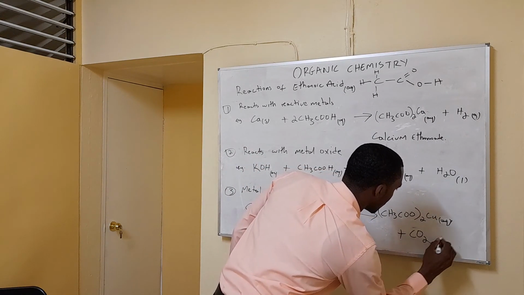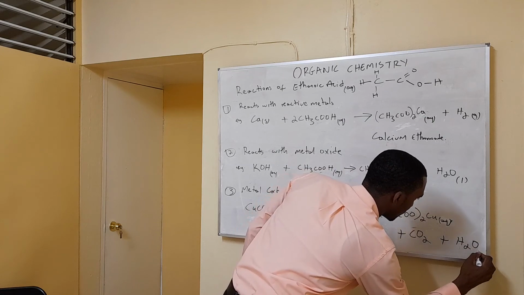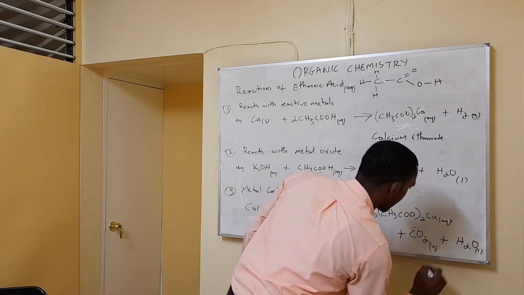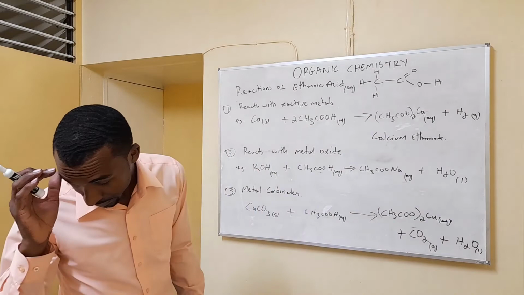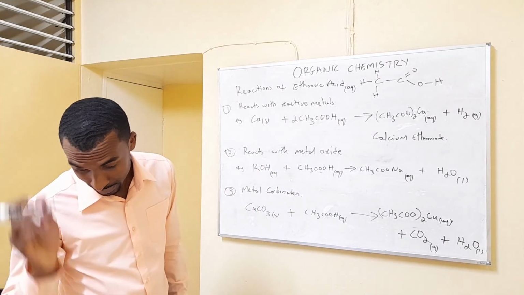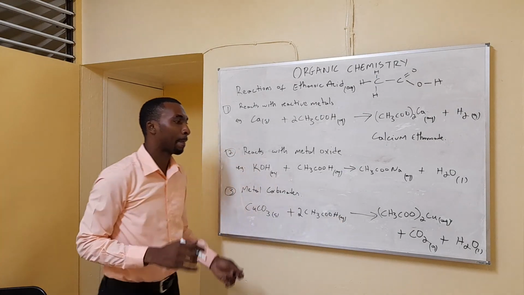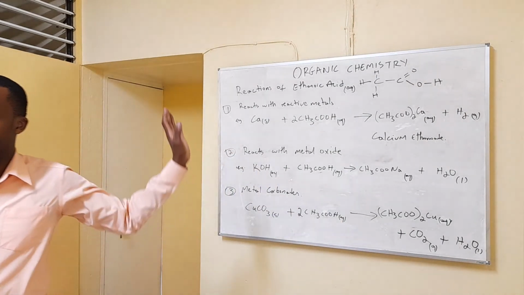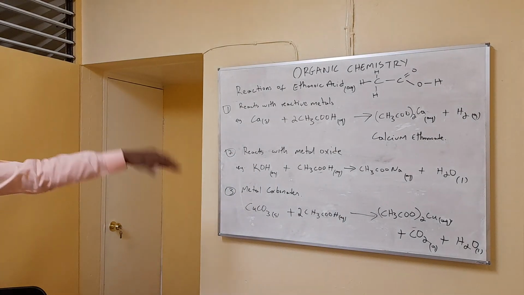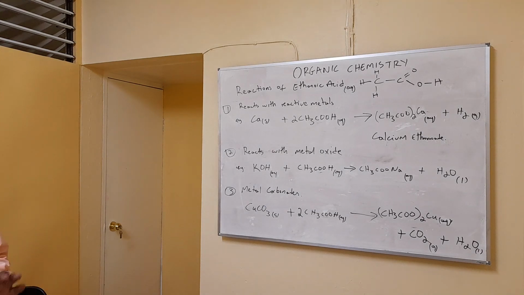Plus CO2 plus water, liquid. Carbon dioxide is gas. Alright? We got 2 here to balance it. Alright? So in addition to those 3 reactions, you would have the reaction with the alcohol to form the ester, plus you have the combustion reaction as well. Alright?